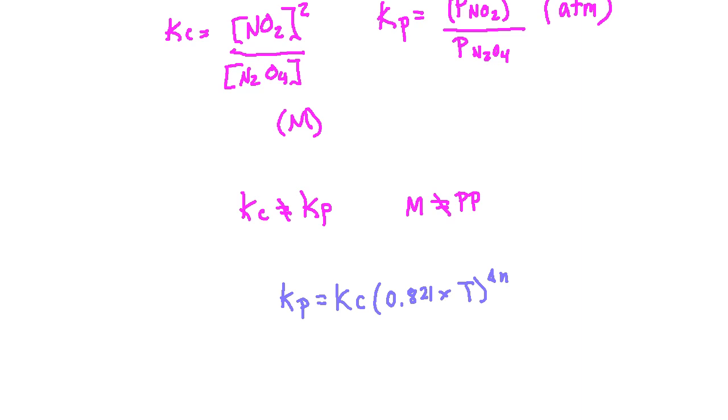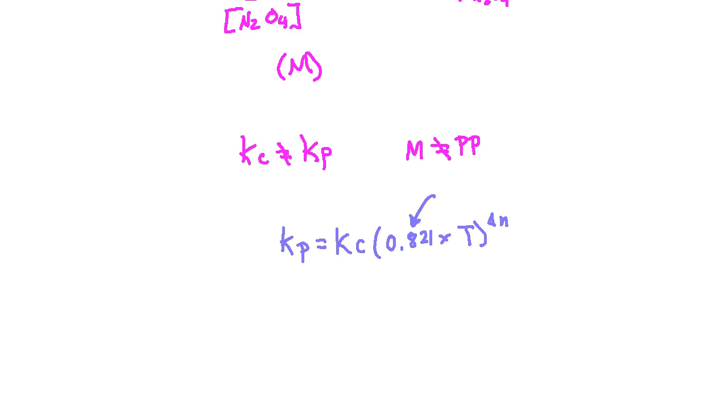So if you were ever interested at any point in relating the two together, this is the relationship that Kp has to Kc. This is the gas law, and it's relating moles to pressure. This is actually the gas law constant. It's one form of it. So what we're really going to focus on is writing out Kc. That's what I want people to focus on here.